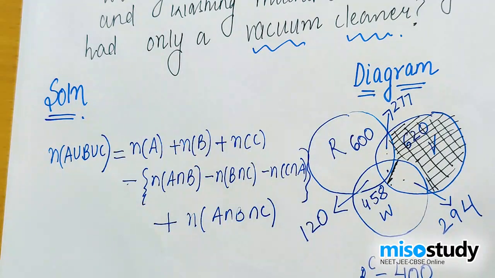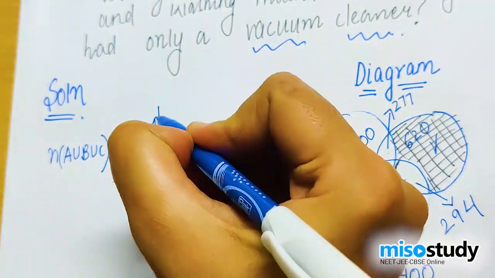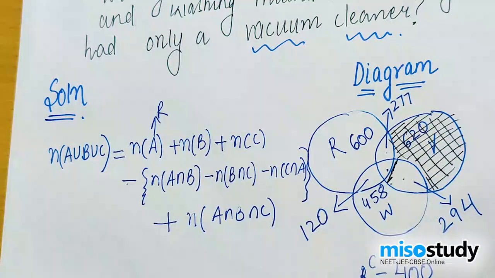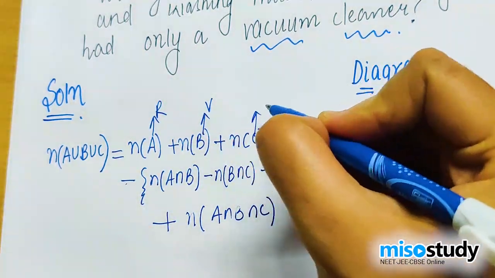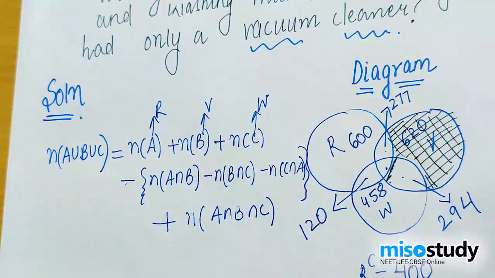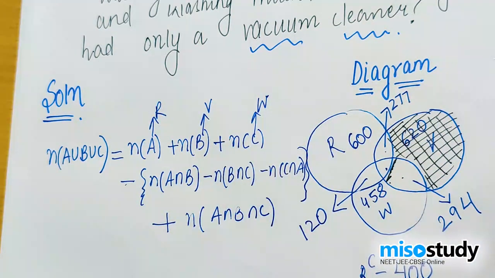Here A is R, that is the number of refrigerators. B is V, vacuum cleaners, and C is W, that is the washing machines. Okay, so let's put the desired values.